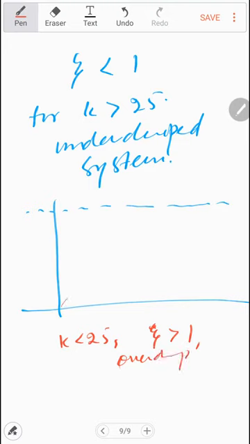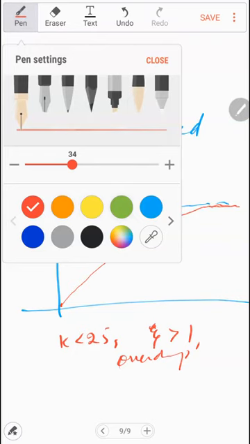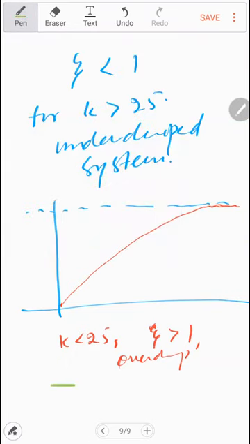So it will be like this. In an overdamped system, we do not have the overshoot. Now when k is equal to 25, zeta was equal to 1, and this is a critically damped system.